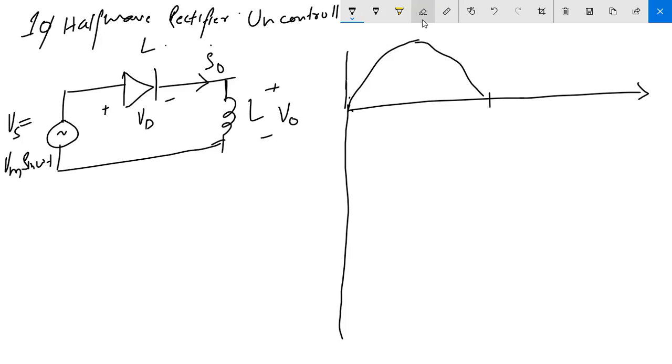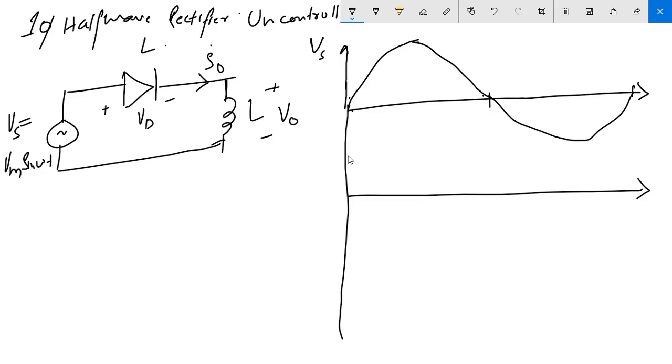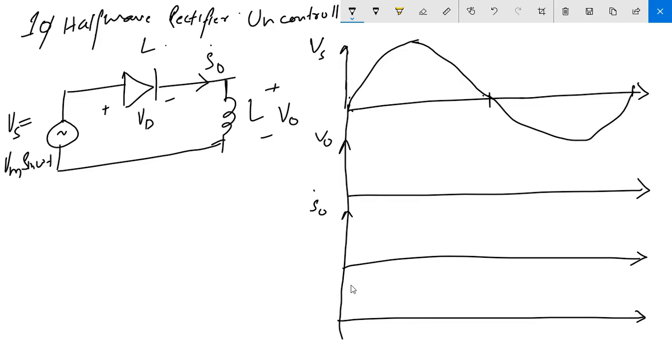Let us draw first. So this is my sinusoidal waveform and this is my Vs. This is my V naught, this is I naught, and this is VD, the voltage across the diode.